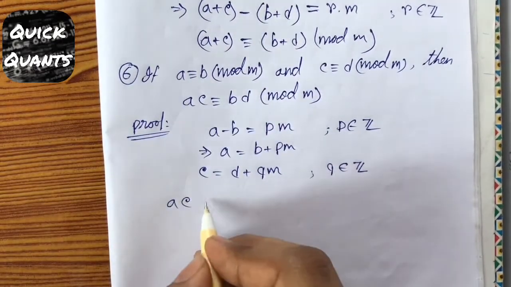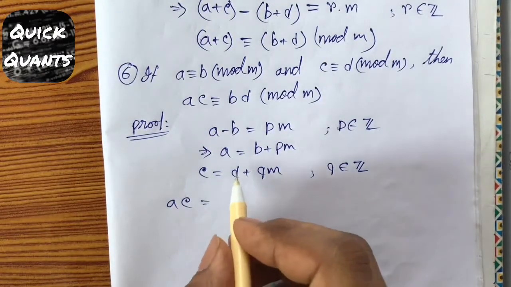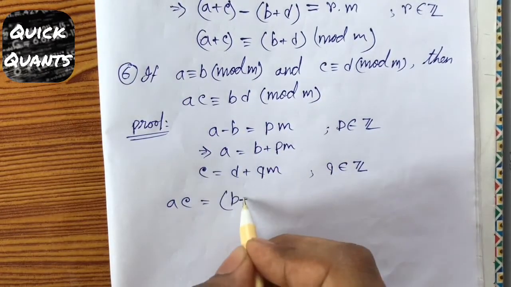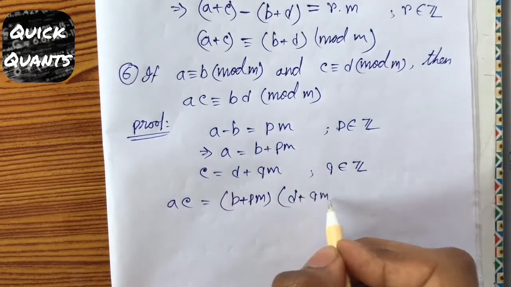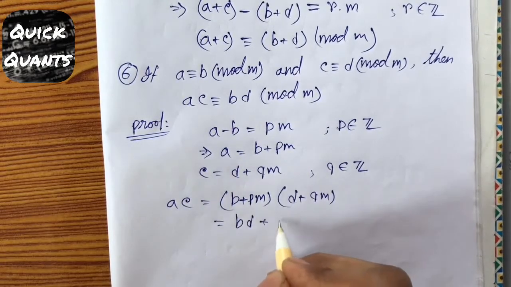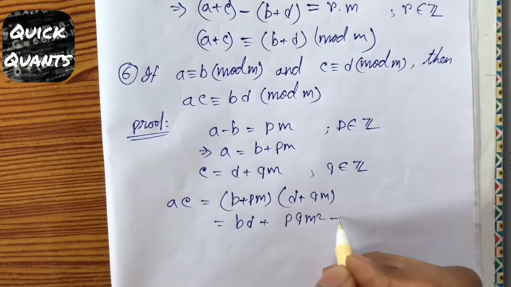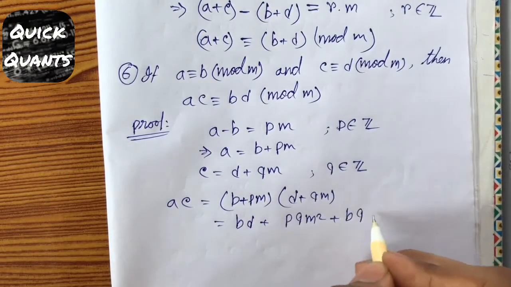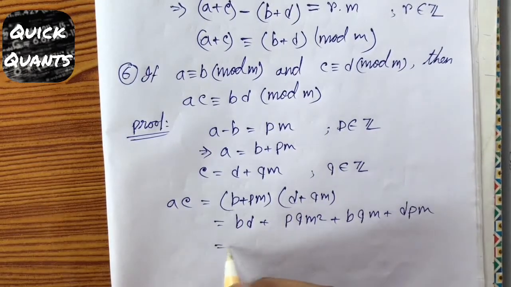Now AC equals, we have to multiply them, (B plus PM) times (D plus QM). It is BD plus PQM squared plus BQM plus DPM.